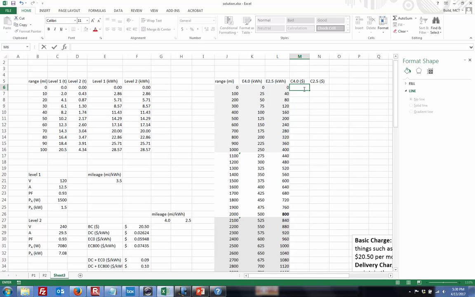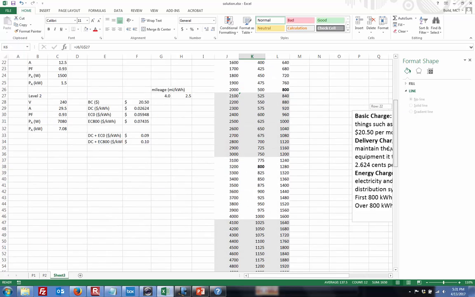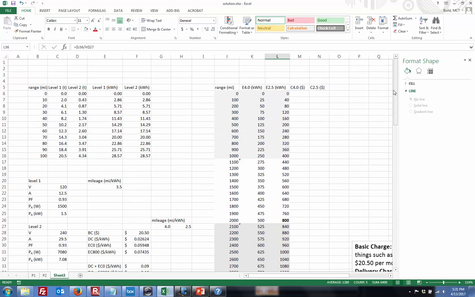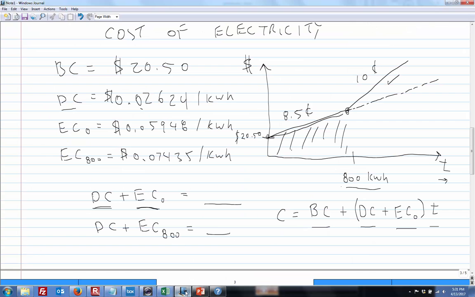We really want dollars per mile. Yeah, let's do dollars per mile for both. So we're going to look at this range at the cheaper electricity, and then we'll look at this range for the more expensive electricity. So let's just do that by hand. Yeah, that'll be easier.